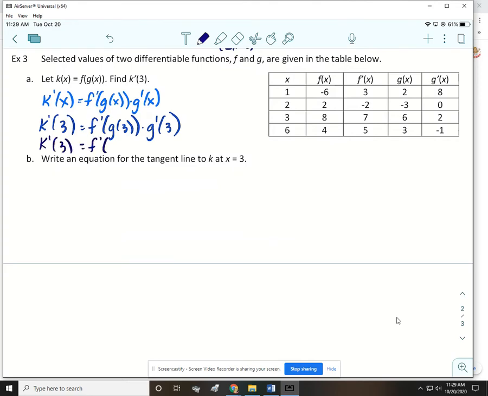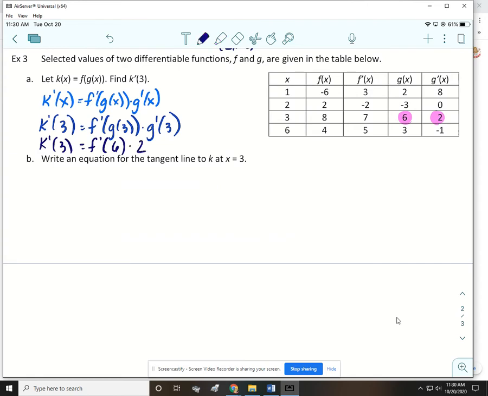We'll start and just find g of 3. So g of 3 is 6. So we would just put that 6 in there. All right, and then g prime of 3 is 2. So that's going to be times 2.